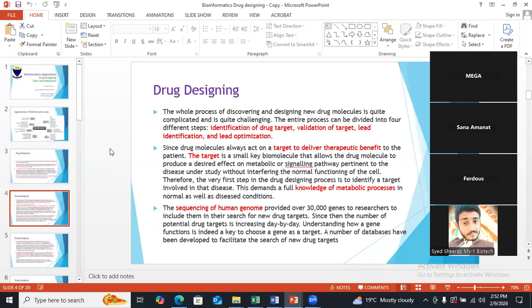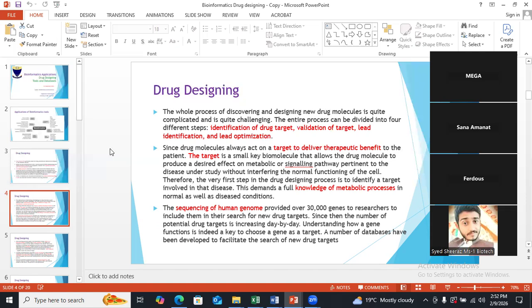Now, what is the process of drug designing? Drug designing is a continuous process in which we have to identify the drug targets and then validate the targets. Then we have to optimize the leads. Lead means the candidate molecules which can be used as drugs.